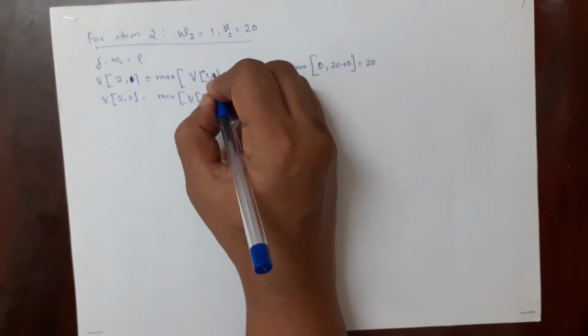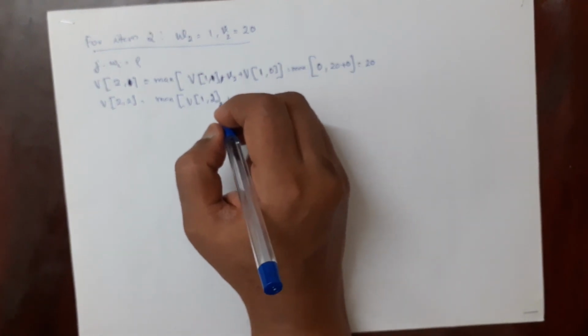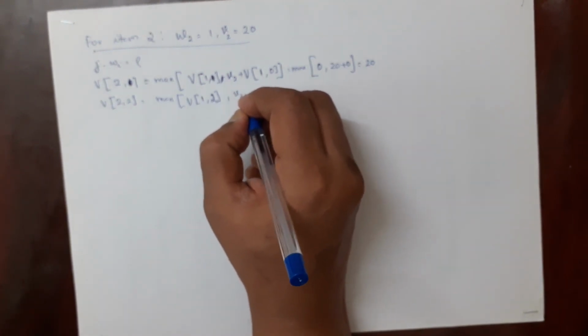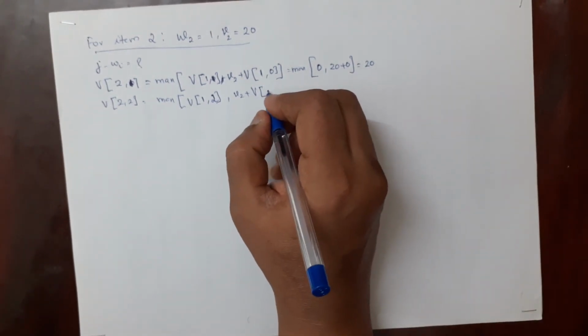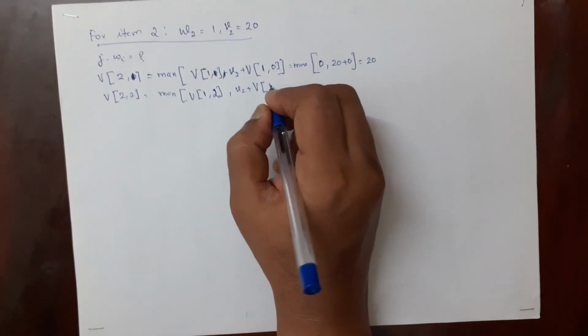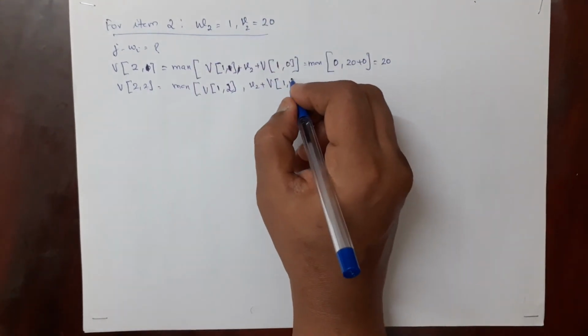Here I have made a mistake, we have 1 comma 1, but 1 comma 1 is also 0, so no problem. 1 comma 1 comma v2 plus capital V of I minus 1 is 1 comma j minus wi, j value is 2 minus wi is 1, 1 comma 1.